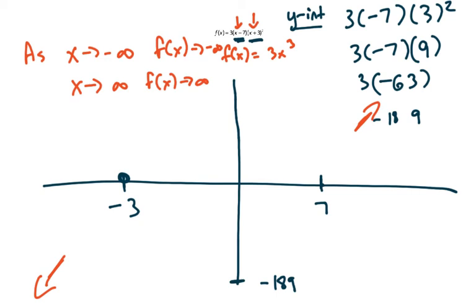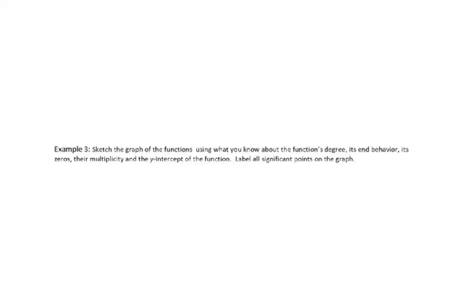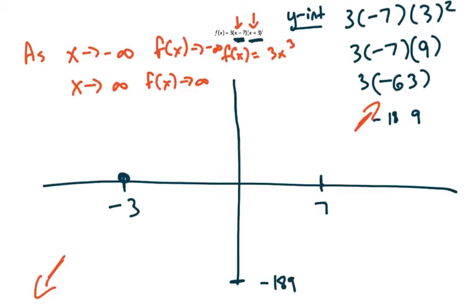So let's see here. What else do we have? We know degree and end behavior. We have its zeros. We need multiplicity. So what do we know about multiplicity? The -3. What happens here is this thing is going to hit this, but because the x plus 3 is squared, that means it's going to bounce. It means it's going to go down here.